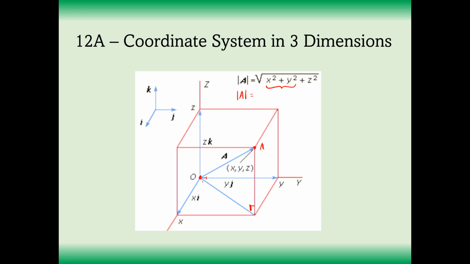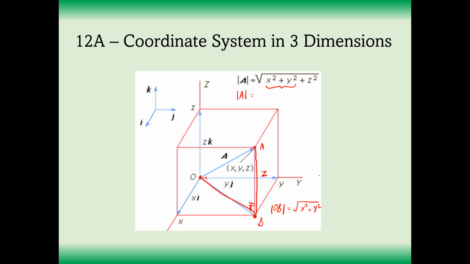Well, if we had to figure out the length of O to this point, let's say B, O to B would be measured with the square root of x squared plus y squared, because B is in the plane of x and y. Then we need to consider the length of OB, and we need to square it and add it to B to A. B to A is simply z.